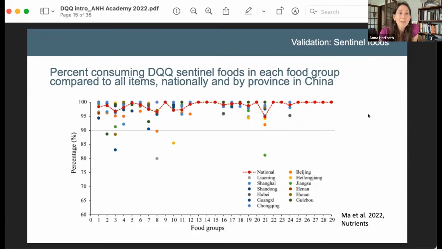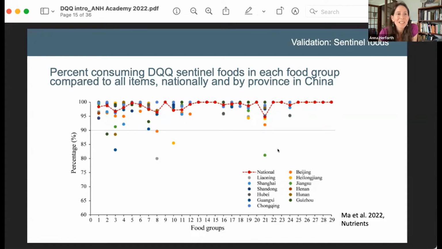At province level, also, the results are quite good. So the DQQ can be used at subnational level. Some of the food groups are slightly below our standard of capturing at least 90%. But even so, the conclusions around diet quality remain largely the same. For example, for group 21, which is nuts and seeds, in this particular province only 80% of people were captured because there was an item that's common in that province that's not in the DQQ.